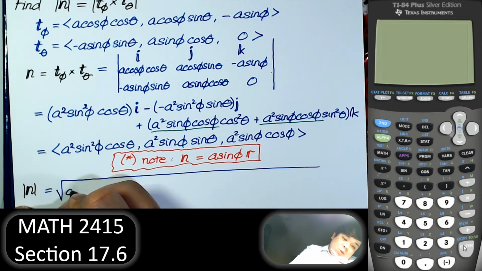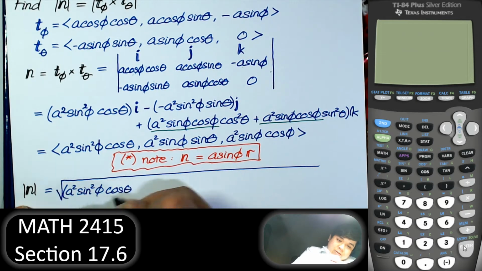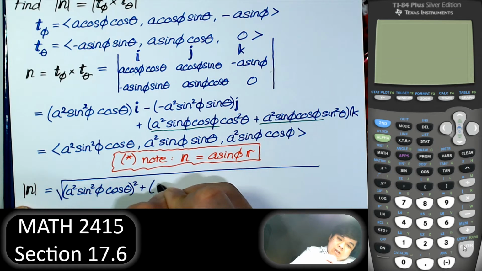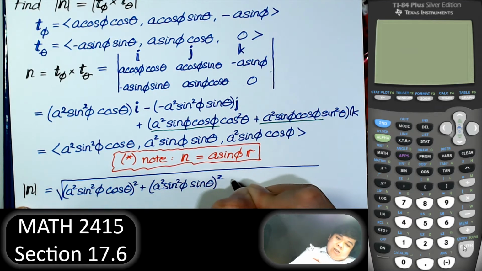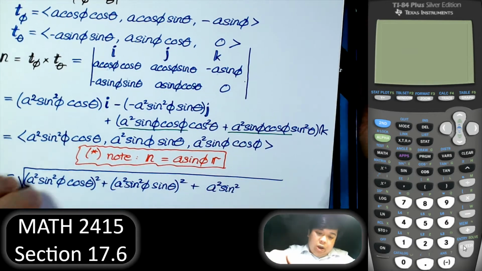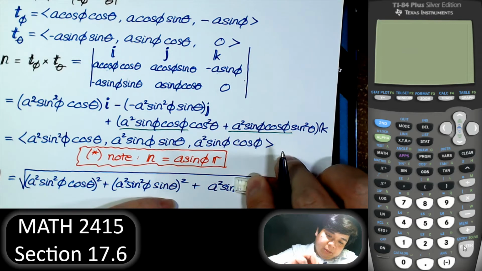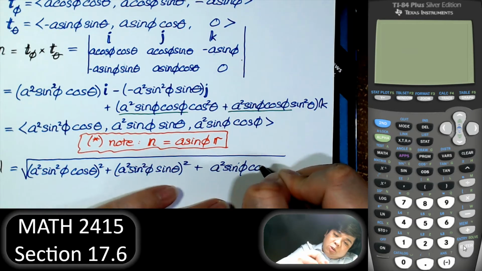So we have a square sine square cosine, a square sine square sine, and a square sine square. There's no square here. Just sine and cosine.